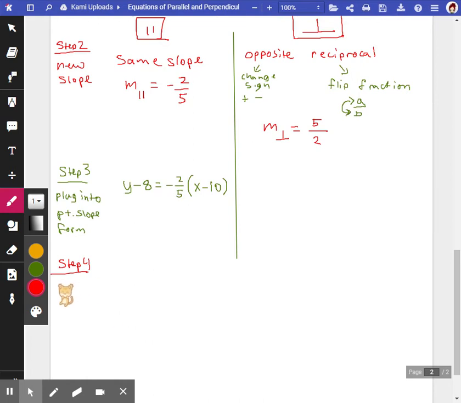Then step 4 is solve for y, to get it into slope-intercept form.